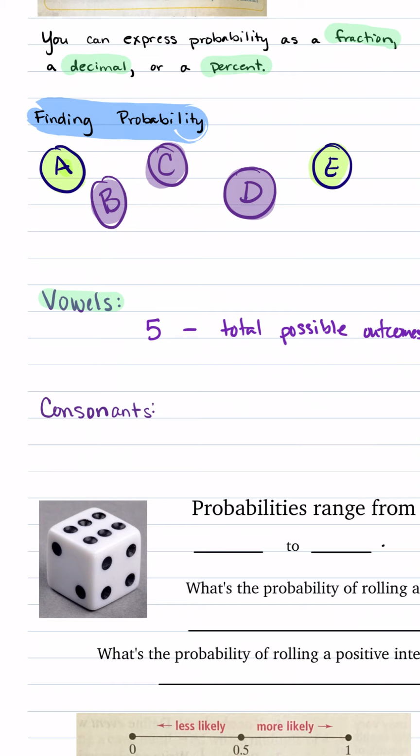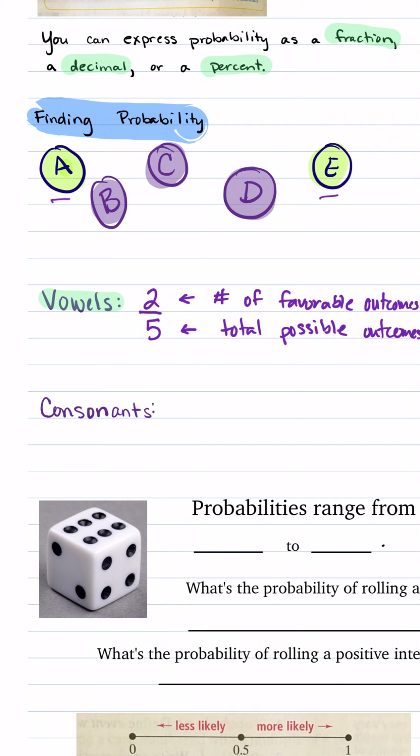And vowels, A, E, I, O, U, A and E, we really have the probability of doing 2 vowels. And that is the number of favorable, or what we're looking for, favorable outcomes.